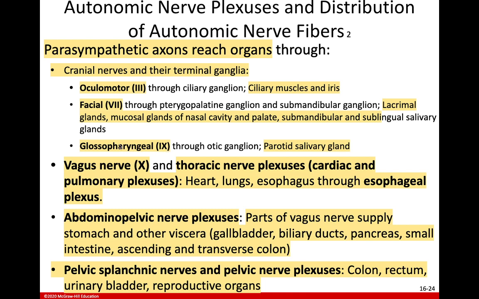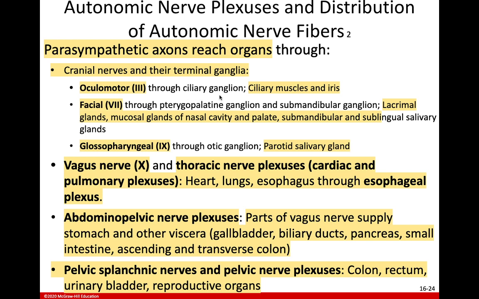Cranial nerve number 9, the glossopharyngeal nerve. Again, the otic ganglion is the terminal ganglion. Terminal ganglia is the general term for all of the ganglia associated with the parasympathetic nervous system. But again, these ganglia actually have specific names.